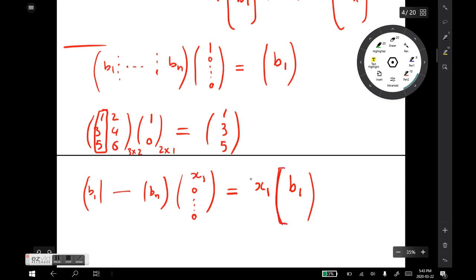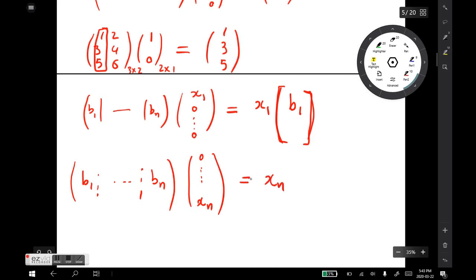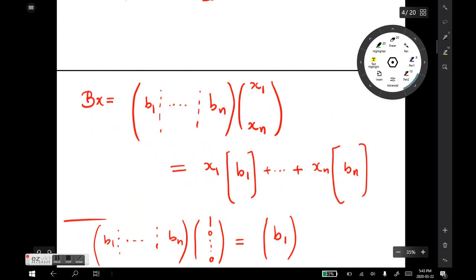And similarly, if we multiply it by 0, 0, xn, this gives us xn times Bn. So therefore, we have this equation that we wanted. Let's put a star on it, this equation that we wanted.